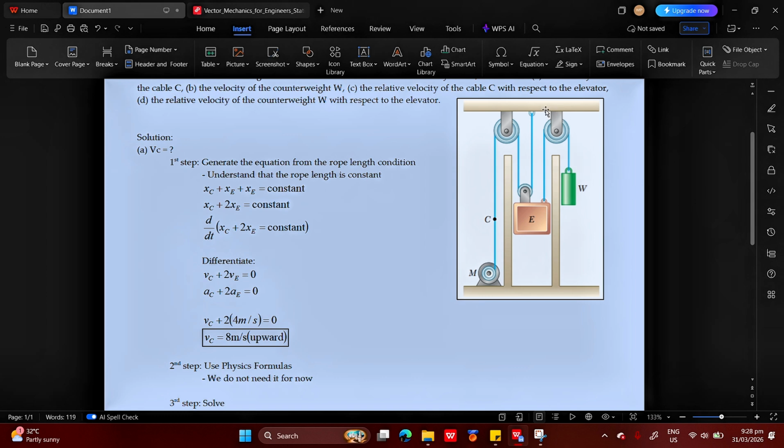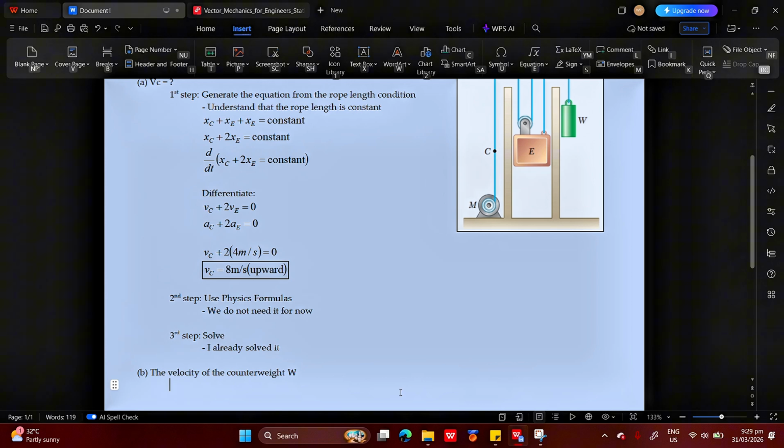But for this one, we will reckon from the ceiling and it will never move. So the location of point E from the ceiling, using this first rope here, if this particle is going downward, expect that this rope here is increasing in length. Why is it increasing in length? Because of particle E. It is going downward, so it is changing in length.